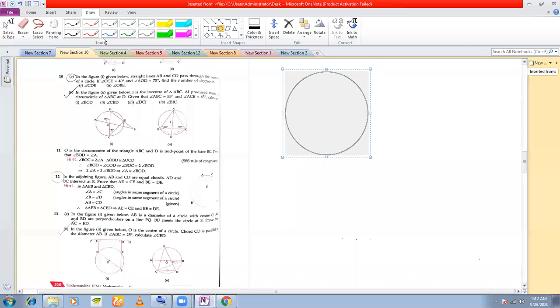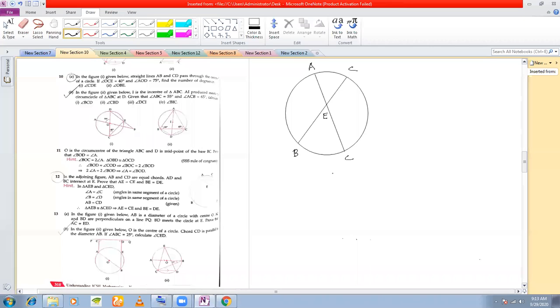The figure here is somewhat like this. So you have A and C. You have E here. You have B and C.